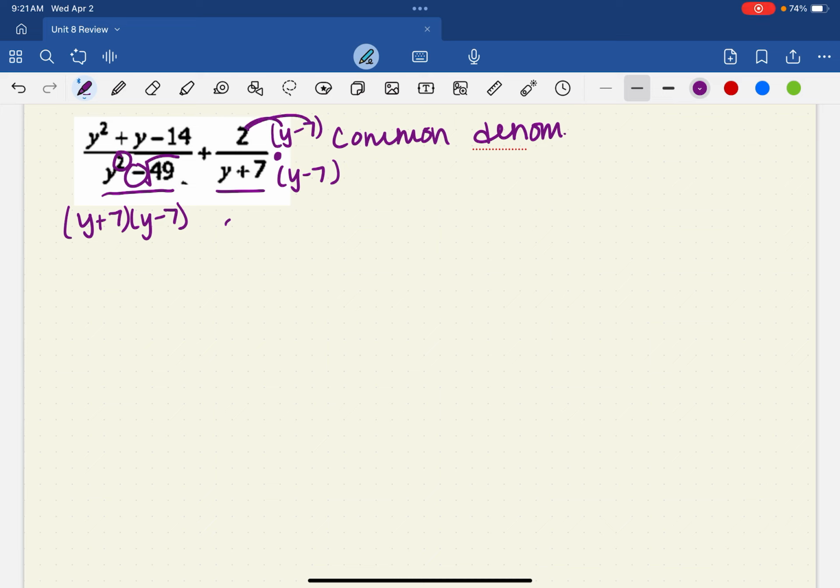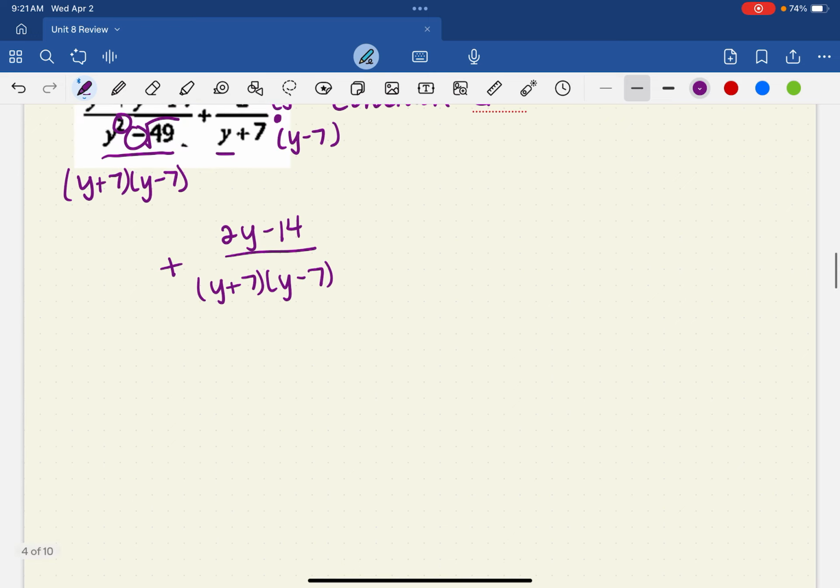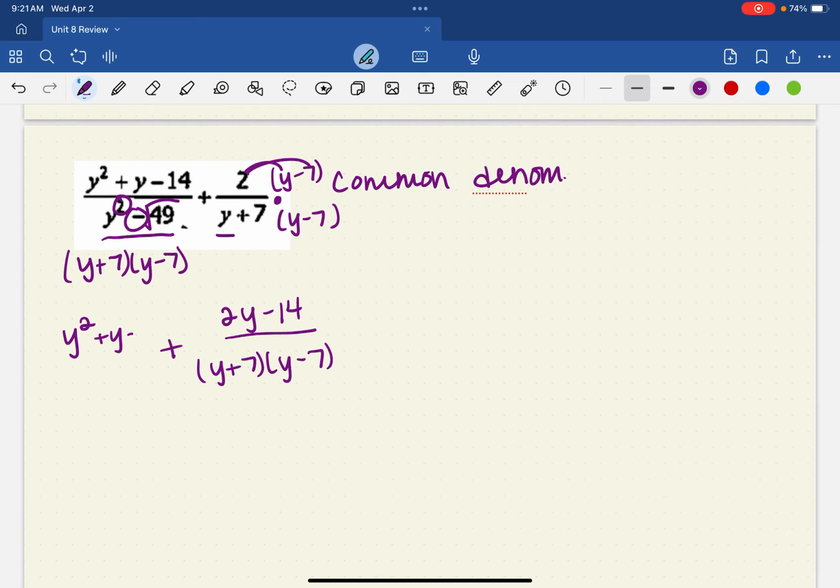So I'm distributing 2y minus 14 over y plus 7, y minus 7, plus y squared plus y minus 14 over y plus 7, y minus 7. Okay, before I can do anything else, I've got to go ahead and add these two.